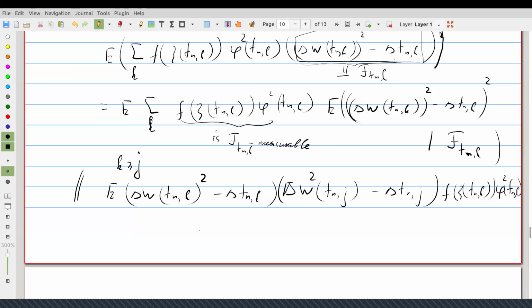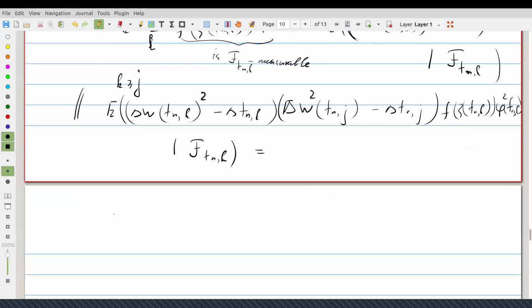I am not writing j because I am taking the additional conditional expectation with respect to F t and k.